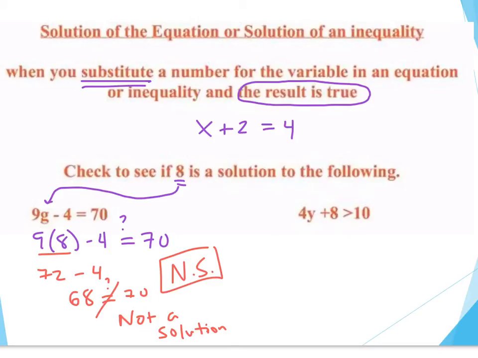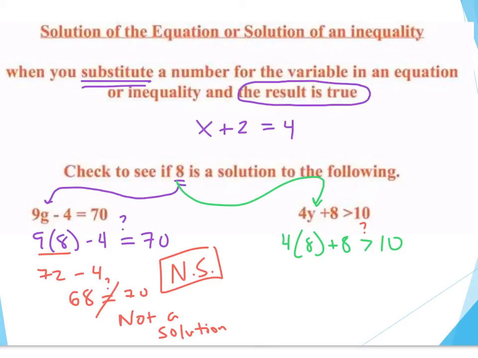Okay? Same thing on this other problem. I'm going to take the number 8 and plug it in for y. I'm just going to plug it in for whatever variable's there, whether I have a g or a y. So here I have 4 times 8 plus 8. Now, what does this symbol mean? That is greater than. So 4 times 8 plus 8, is that greater than 10? I'm going to put a question mark above that again.